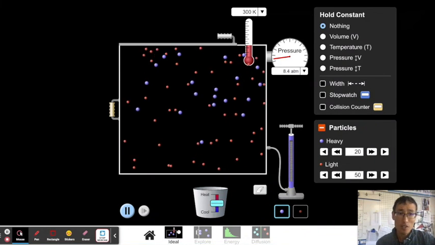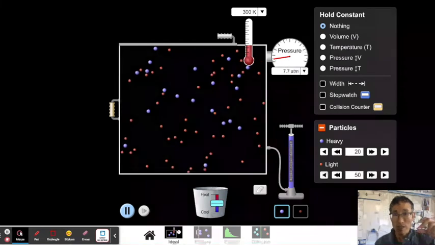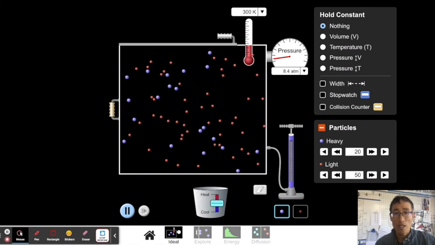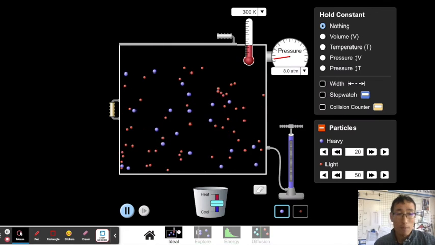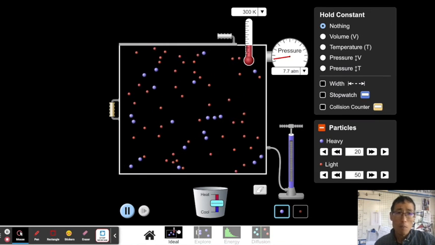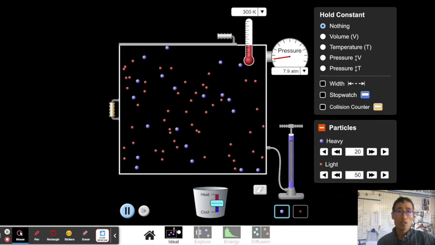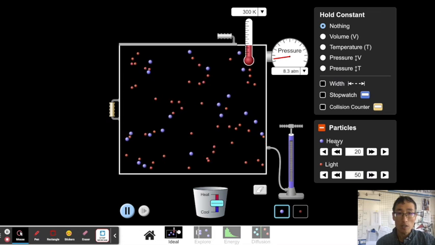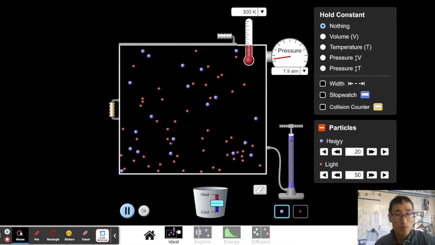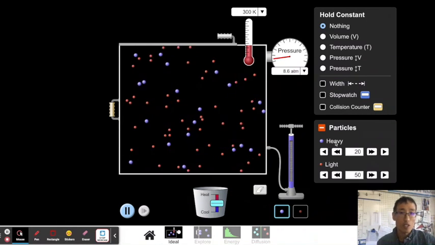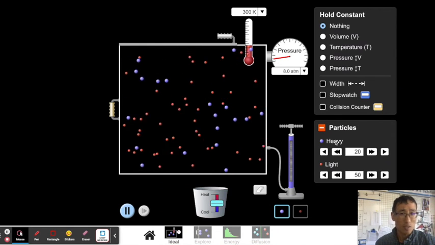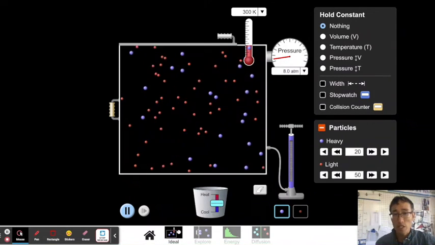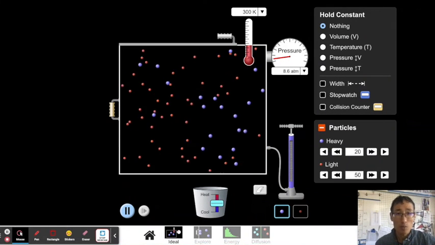So Dalton's law just says I'm going to take whatever pressures the gases individually have and add them up. Those are called partial pressures. The partial pressure of the heavy particles was 2.5 atmospheres, and the partial pressure of the light particles is about 6 atmospheres, and the total pressure is the sum of the partial pressures.